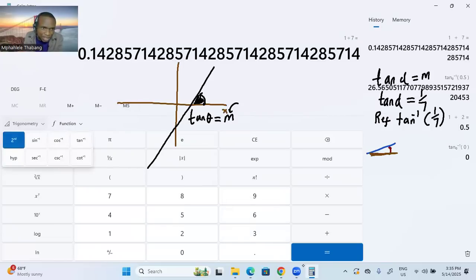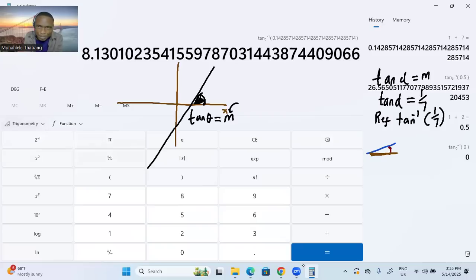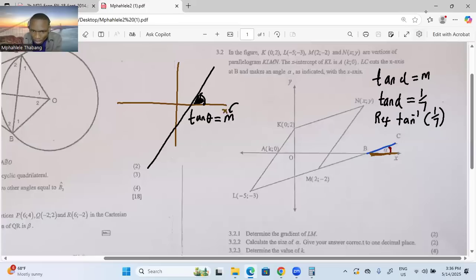Yes, it's 8 comma 1. They said calculate the size of alpha, give your answer correct to 1 decimal place. My reference angle is 8 comma 1.